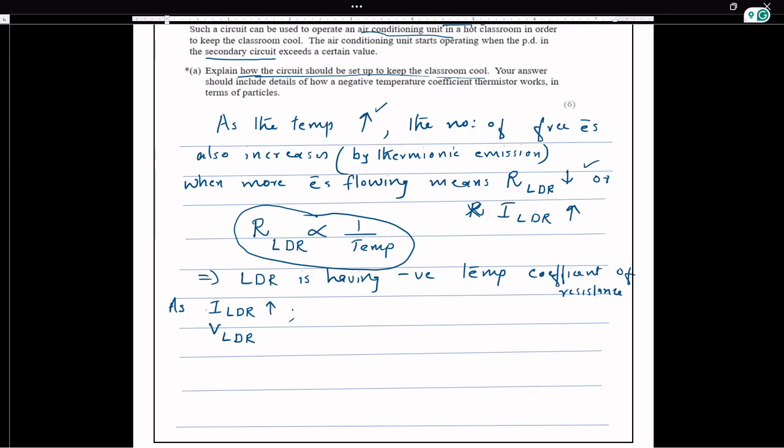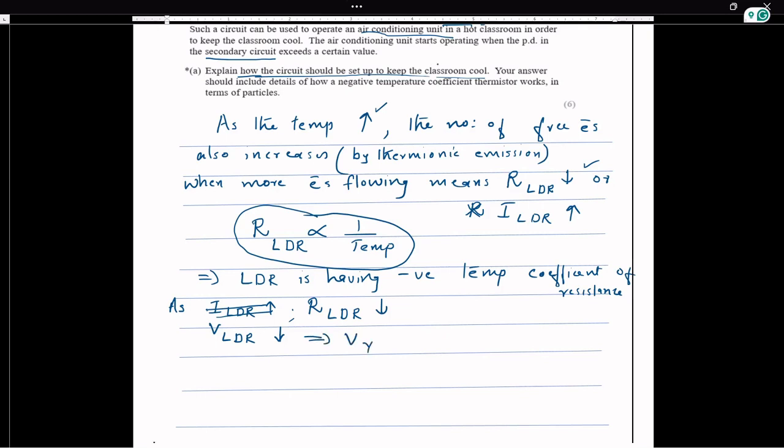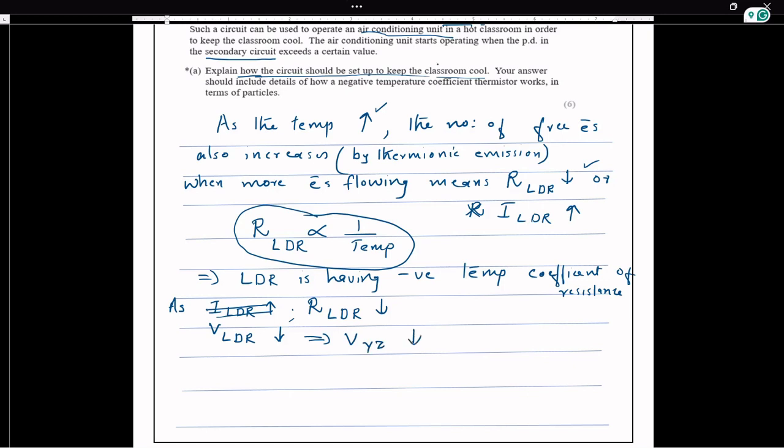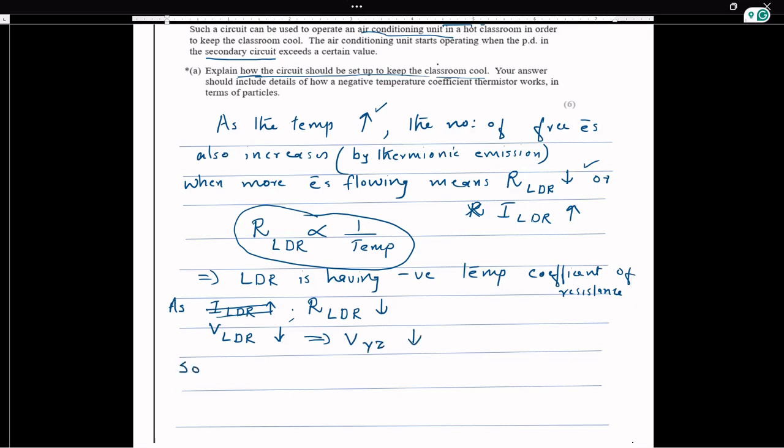Now we can write it in terms of the resistance. We have seen that as the resistance of LDR decreases, the voltage drop across LDR decreases. That is, the voltage across the LDR decreases. So the voltage of the fixed resistor increases.